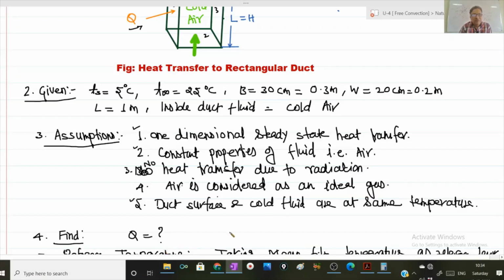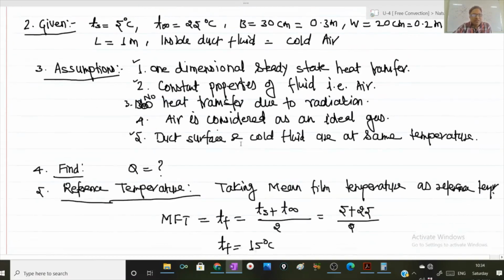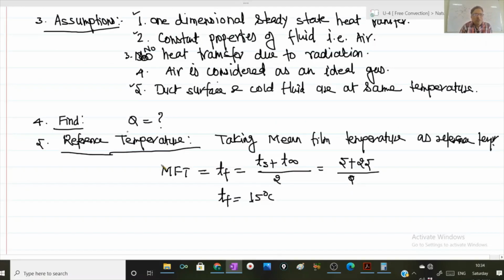And 5, duct surface and cold fluid are at the same temperatures. So that is very important assumption. Step number 4, we are supposed to find out heat transfer from surrounding to the duct surface.